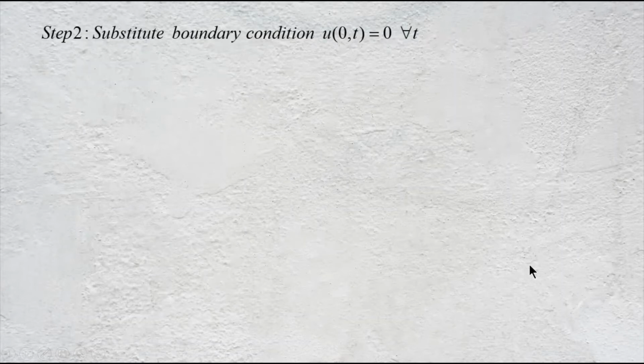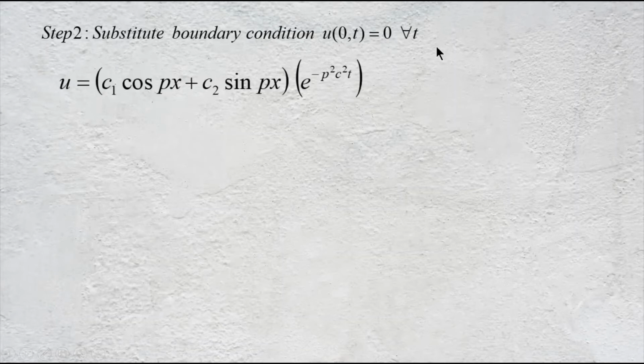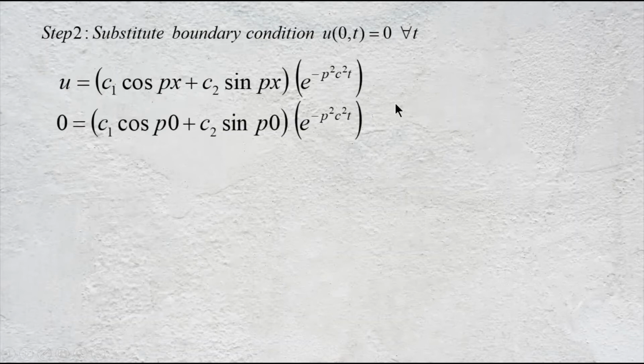Now in step 2, we are going to substitute the boundary conditions and then evaluate the constants. So let us substitute the first boundary condition, that is put x equal to 0 and u equal to 0 in equation 1. This is our equation 1. And then upon solving, you get C1 into e raised to minus p square c square t. Here make sure C1 and C2 cannot be simultaneously 0.